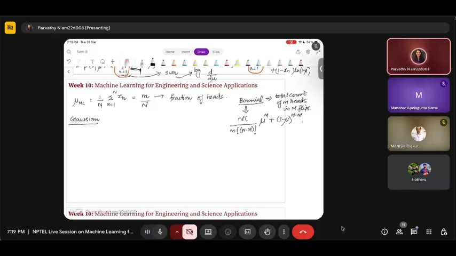So this is the probability of getting m heads. This is for the binomial distribution. For the mean and the variance, the equation is given by n times mu, and the variance will be n times mu times 1 minus mu. So this is for binomial distribution.